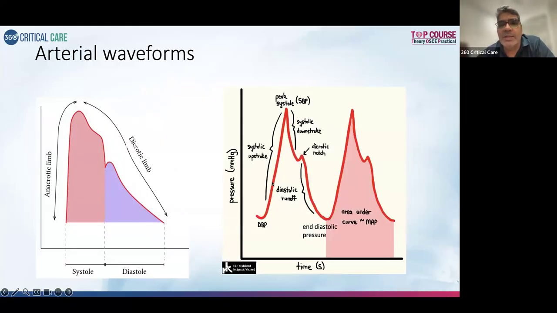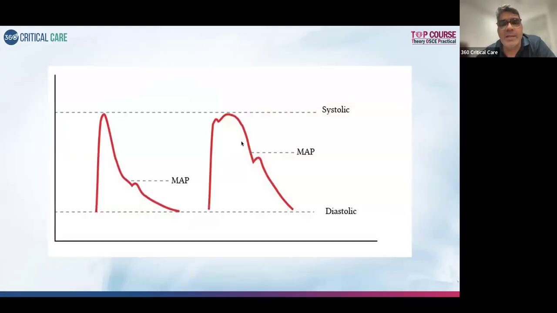I don't have to explain these things in detail, but the area under this waveform represents your mean arterial pressure. So if the area is higher, the mean arterial pressure will be higher, and vice versa. The waveform can look different at different sites of measurement, and also with different numbers.